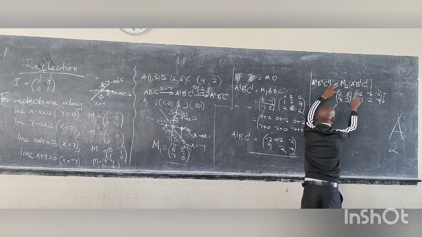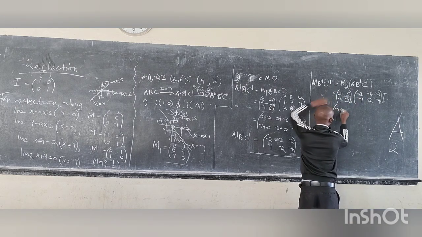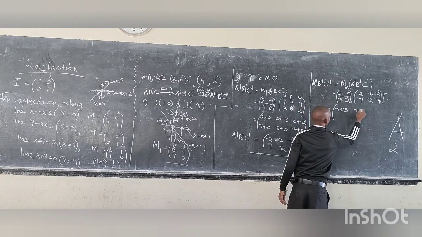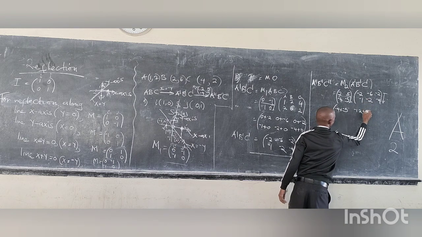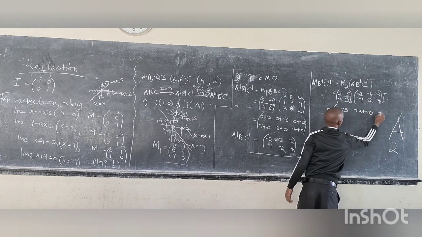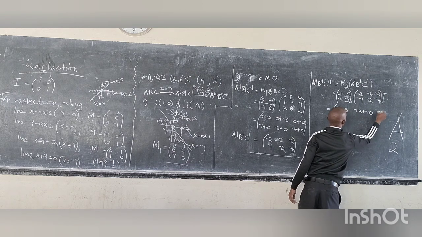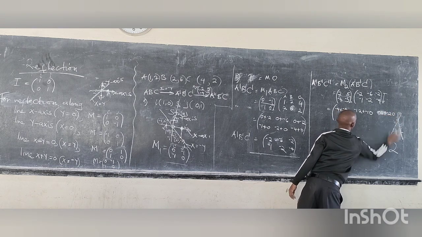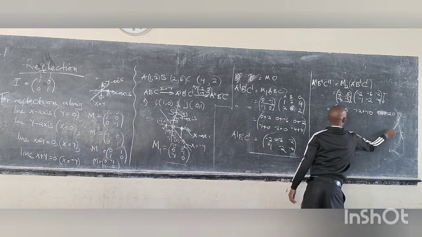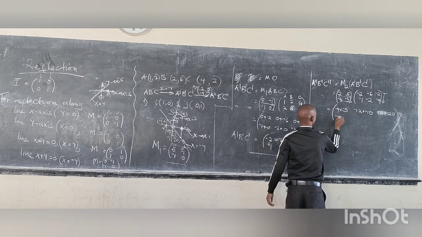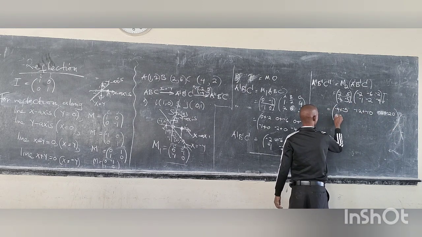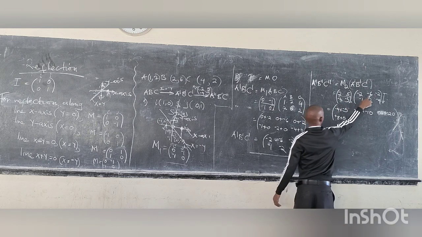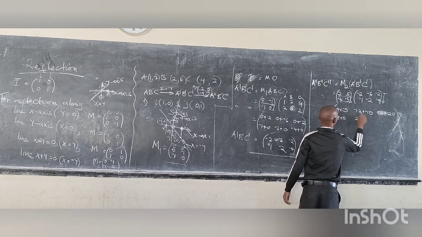This is negative 4 plus negative 5, negative 4 plus negative 20, then down, plus 24, plus 10.